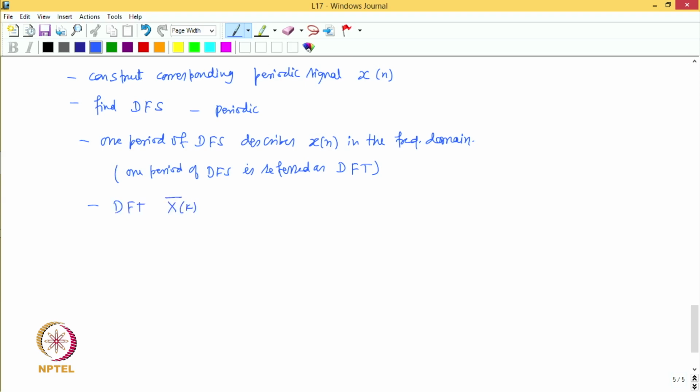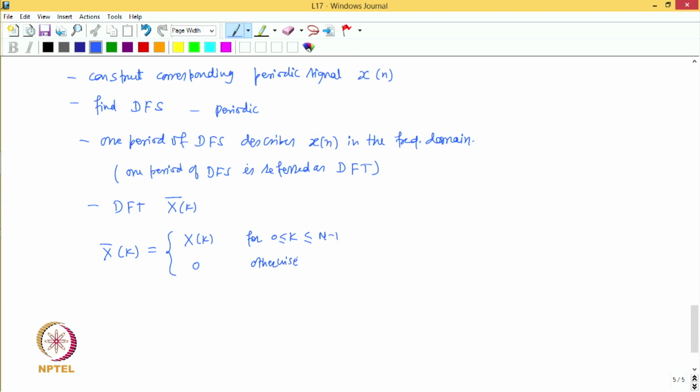X(k) is the DFS and X bar (k) is the DFT, and therefore we write that X bar (k) is equal to X(k) for k varying from 0 to N minus 1, and it is equal to 0 otherwise.